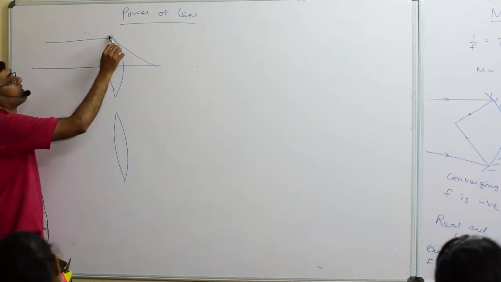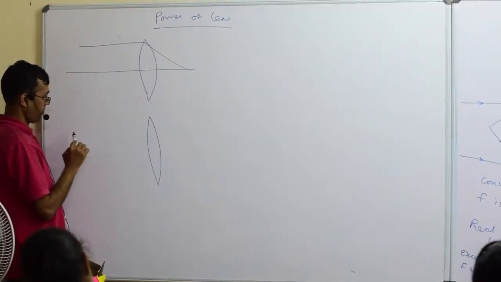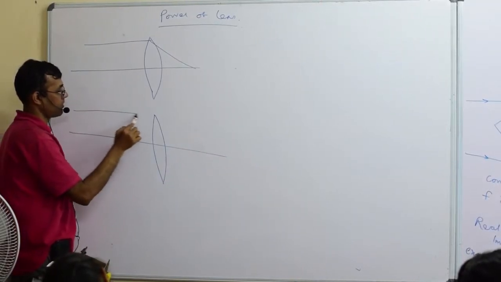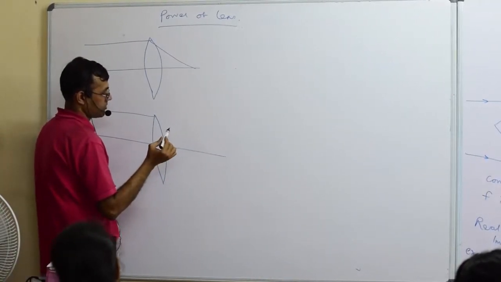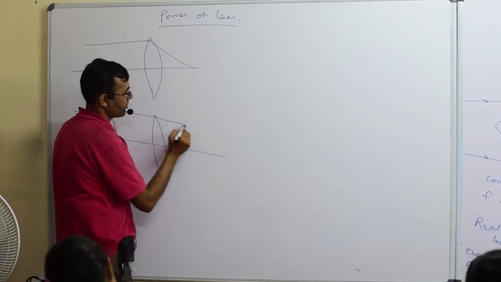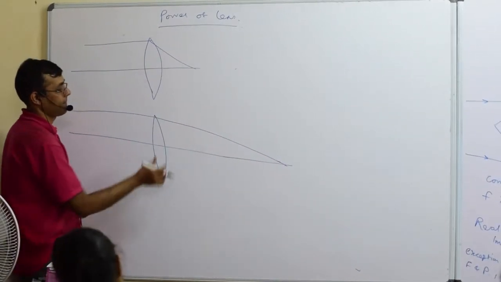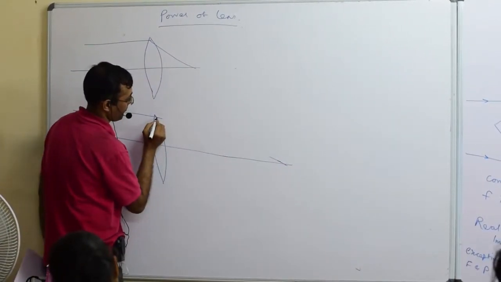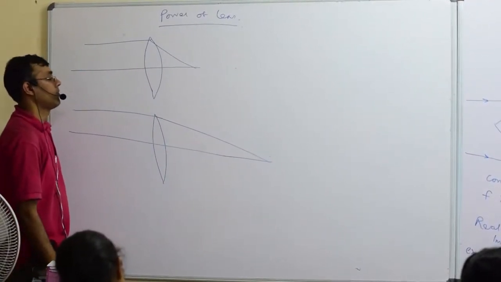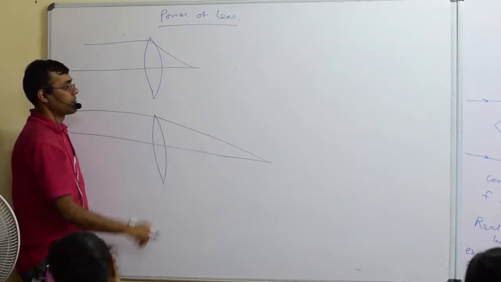You have to draw this a little bit thicker and this should be drawn a little bit thinner. So if I have a line going like this, instead of this one, let's say it's going something like this. So this is lens 1, this is lens 2.